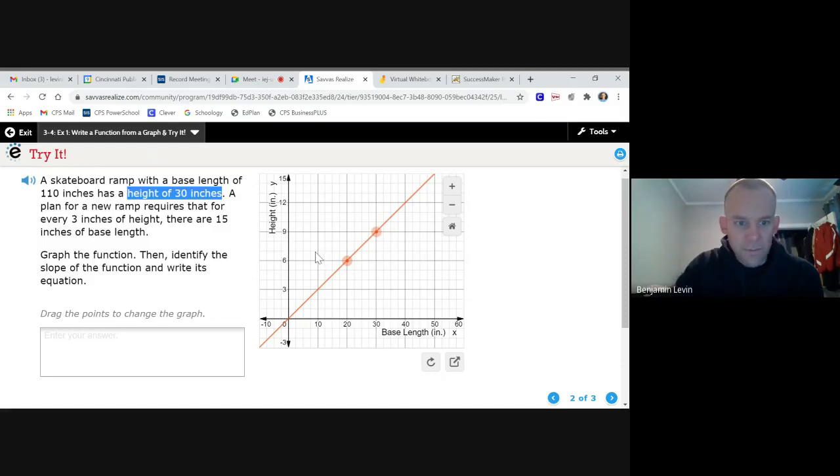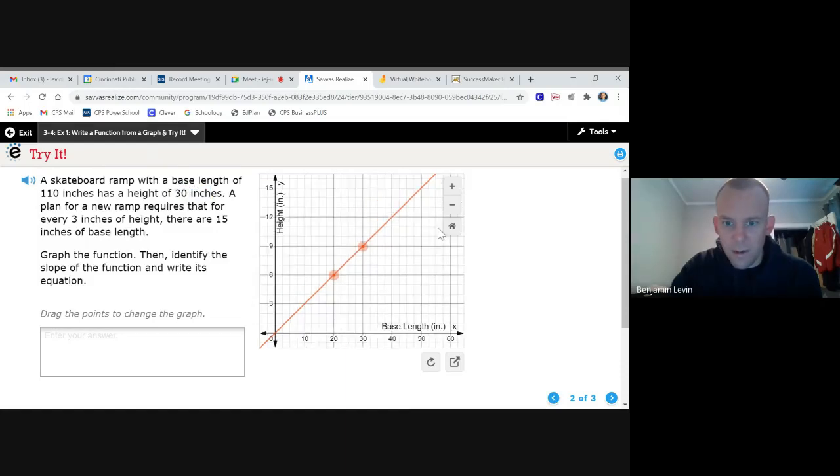So I'm going to put my initial point. Well, here's what we can do. We can put our initial point at 110 comma 30. Okay, I'm going to put a point. Well, there's already a point right here. What on earth? This height is all wacky. It's height in inches. It's 110 and 30. This graph doesn't even go that far.